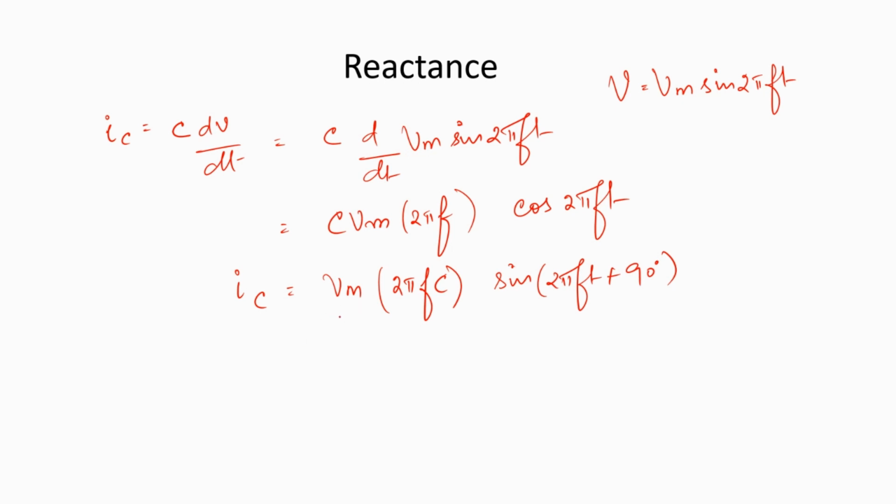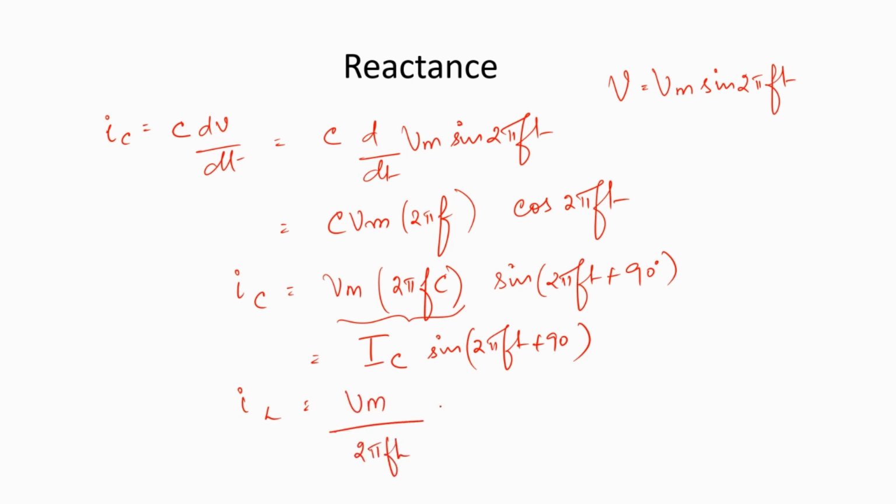So I can call this entire thing as, say, capital IC sine of 2 pi ft plus 90, and the expression for IL, what we had obtained was Vm by 2 pi fL sine of 2 pi ft minus 90. This is what we had obtained, where I can replace this expression with capital IL.